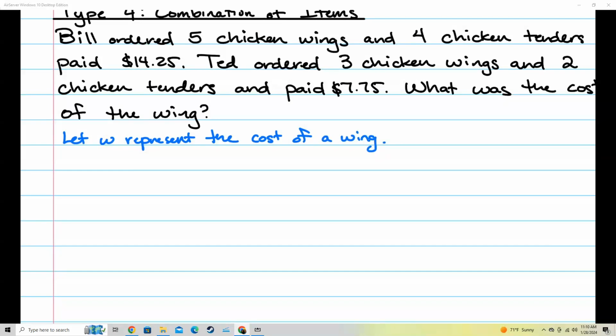And again, I don't know how much a chicken tender costs, so I'm going to say let T represent the cost of a tender. This is not mandatory, but notice that my T for tender, I wrote it a little bit different than the T for let.